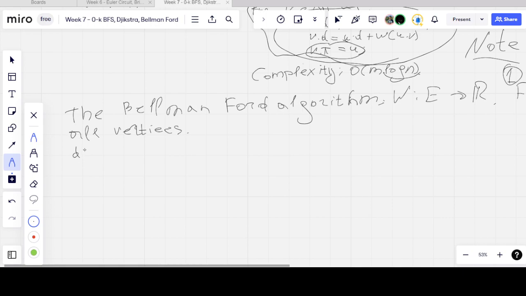So what will DP be? It will be dp[k][v], a 2D array.